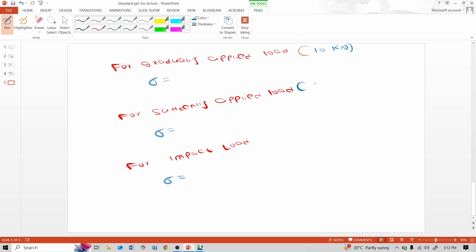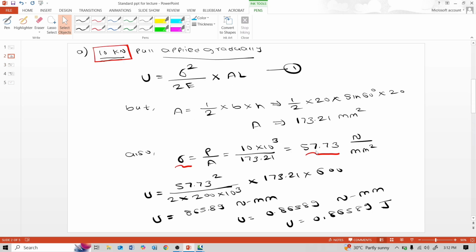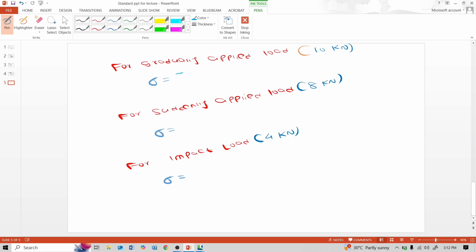So the stress for 10 kilonewton load is 57.73 Newton per mm square.